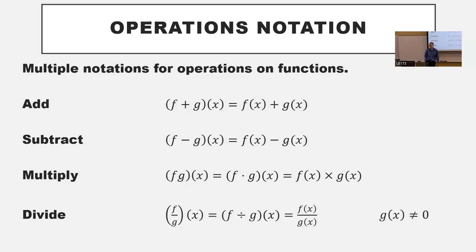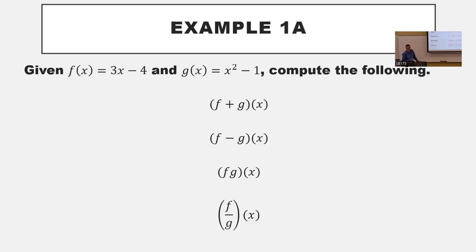So long as the output of g is not 0, then we can do that. And if g of x was 0, then we just restrict the domain so that we can't plug in that value. But that's the notation, again, fairly intuitive notation that we're going to use.